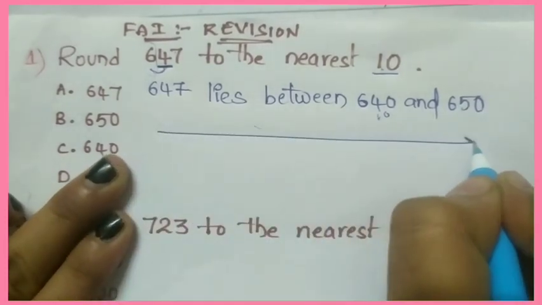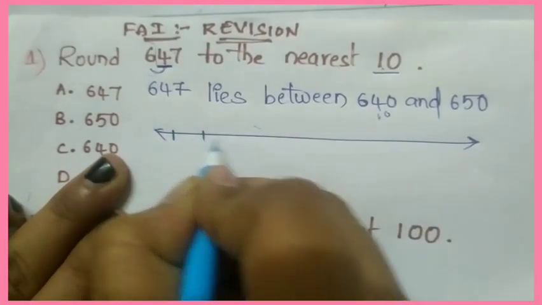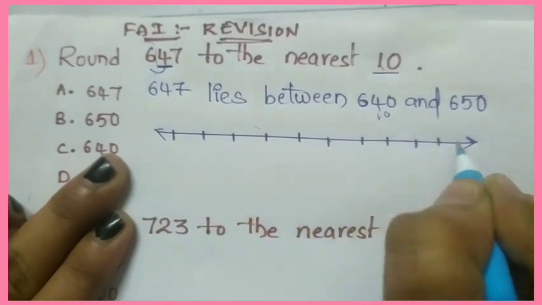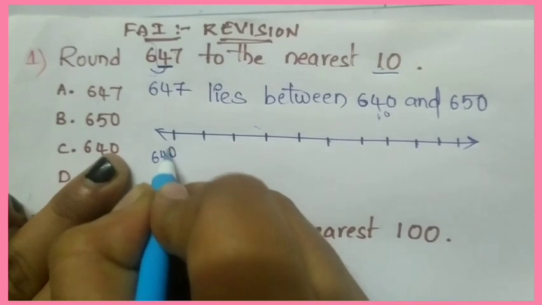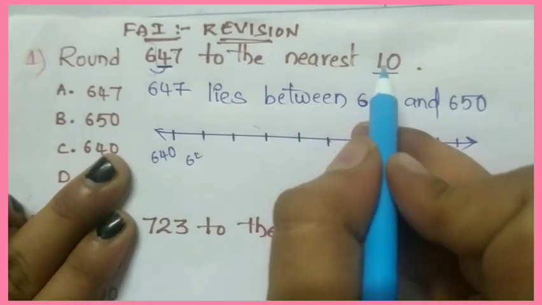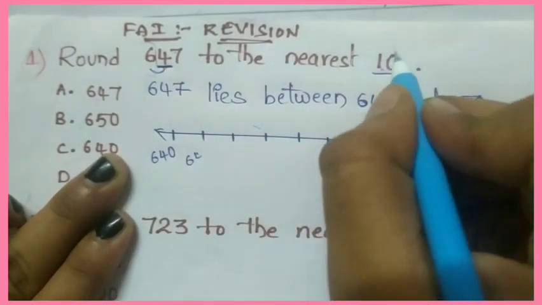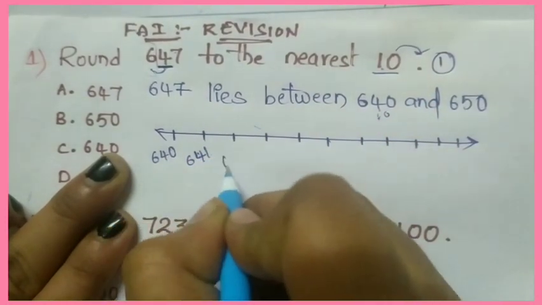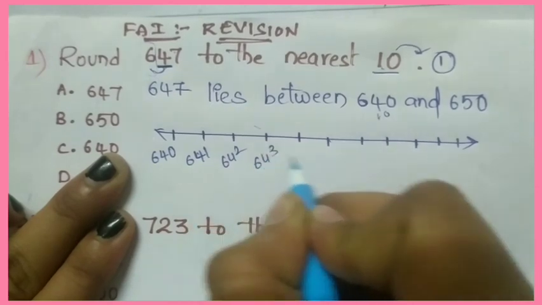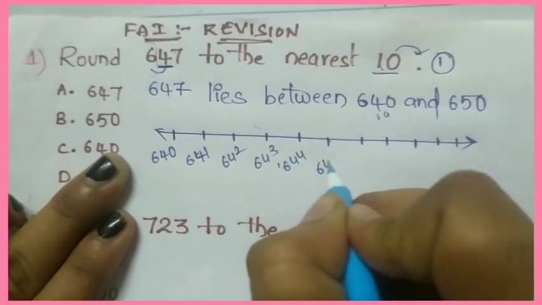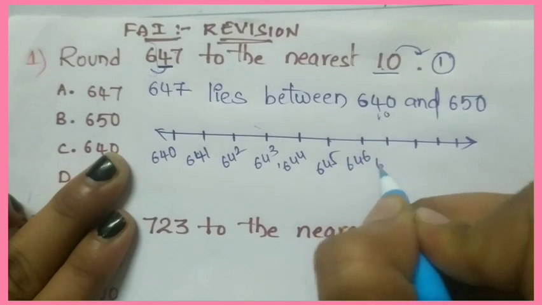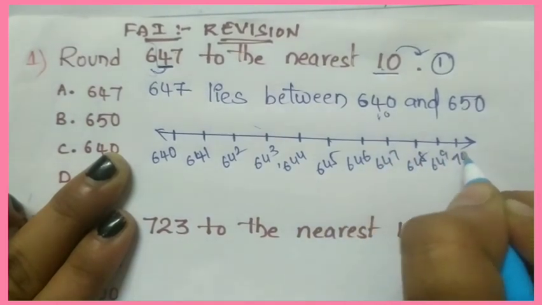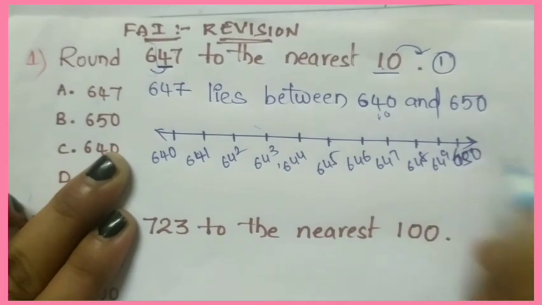Now we will draw a number line. Here, if they give nearest 10, we have to take one as the difference. 641, 642, 643, 644, 645, 646, 647, 648, 649, 650.